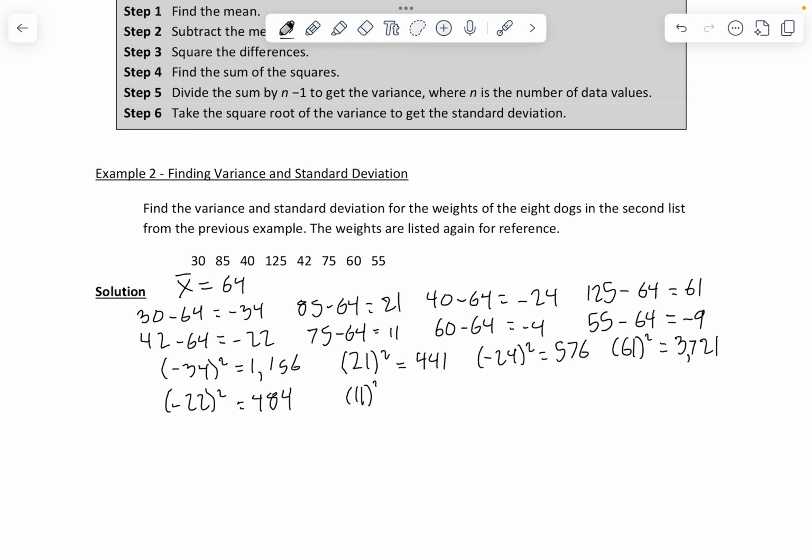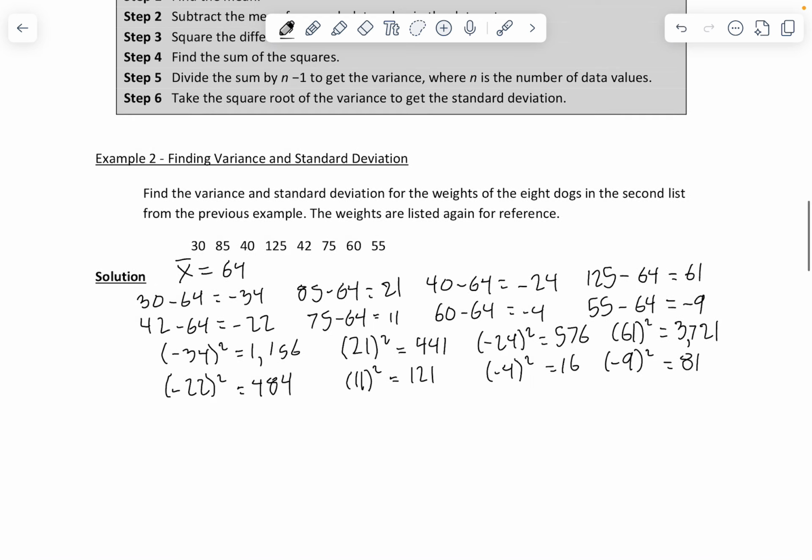And 11 squared equals 121. And negative 4 squared equals 16. And then negative 9 squared equals 81. Okay, so that's step 3 that we just did.